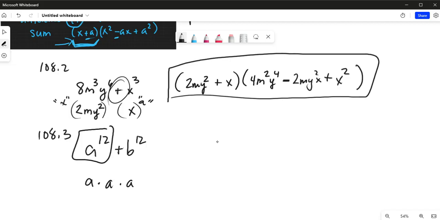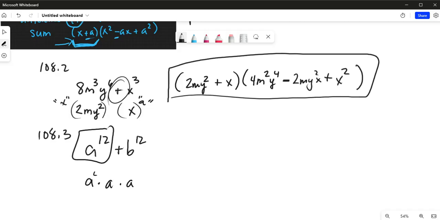It would not be 18, because you wouldn't add those.